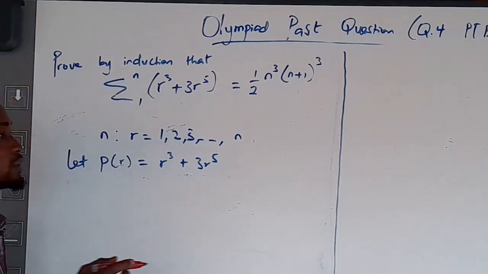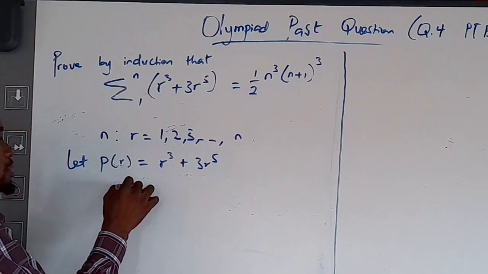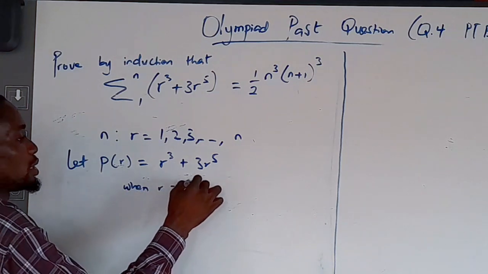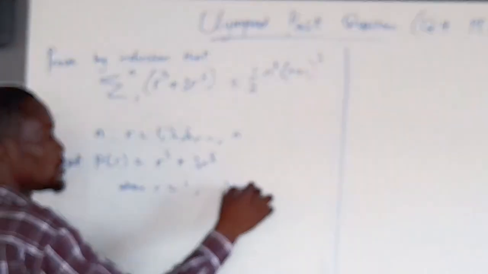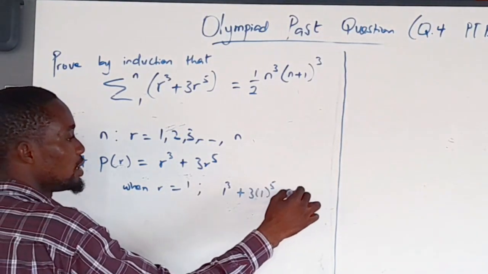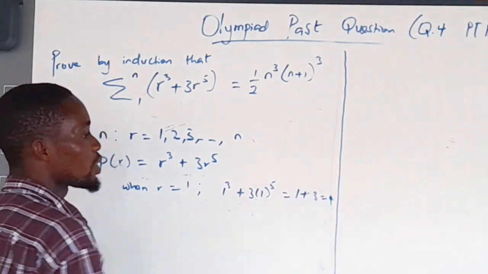Now, when r equals 1, what is my polynomial going to be like? It becomes 1 cubed plus 3 into 1 to the power 5, which is 1 plus 3, which is 4.